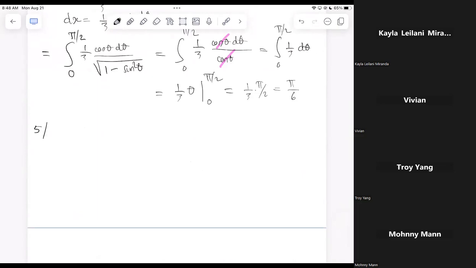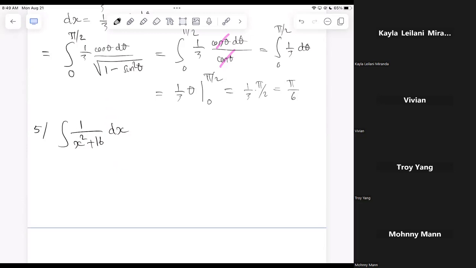Okay, let's do one more problem for trig substitution: the integral of 1 over x squared plus 16 dx. So what do you guys think about this problem? Do we use sine or tangent? Tangent, right?